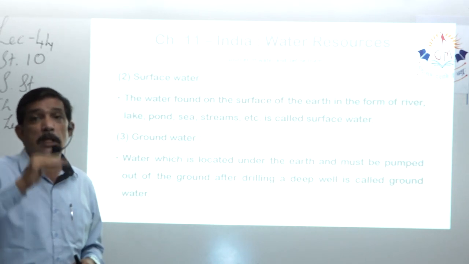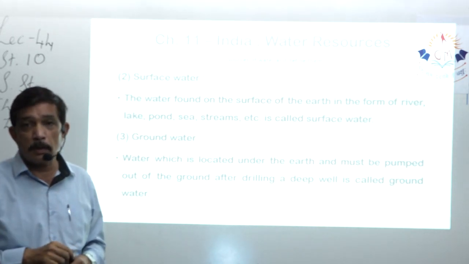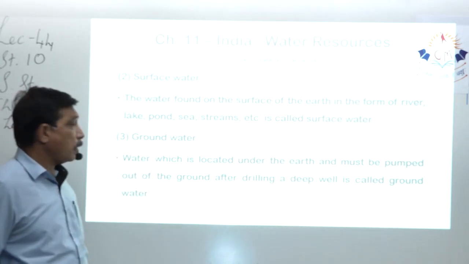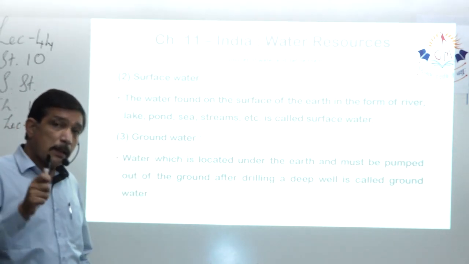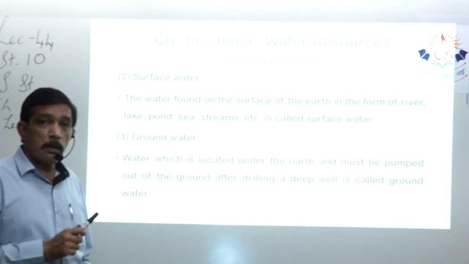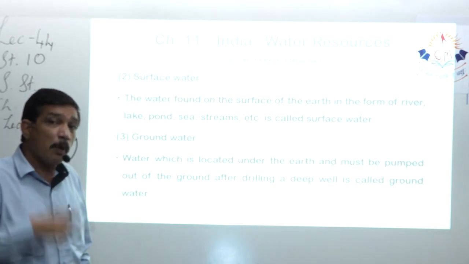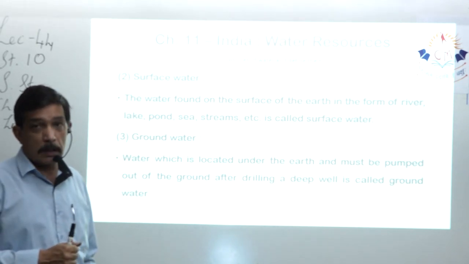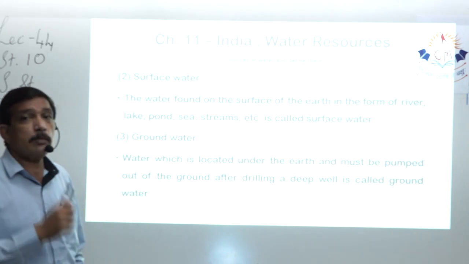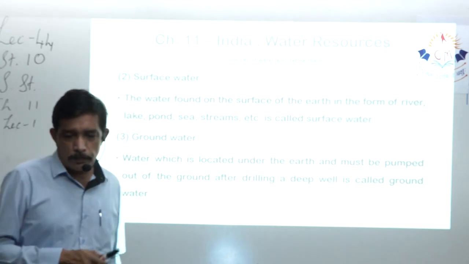But then also it cannot come up to the surface of the earth. You have to pump it out. So that is the meaning of groundwater. Only that type of water which is located under the ground and has to be pumped out with some means and methods like a pump or from a well can be termed as groundwater.